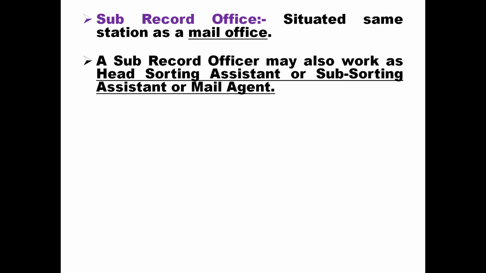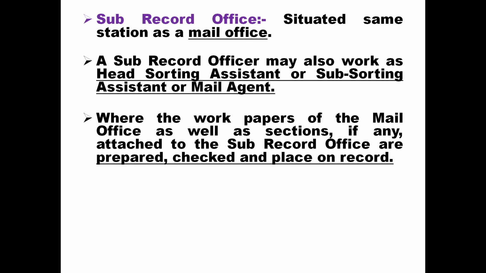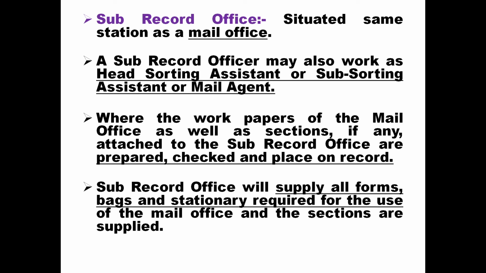A sub record office may also work as head sorting assistant or sub sorting assistant or mail agent, where the work papers of the mail office as well as sections, if any, attached to the sub record office are prepared, checked and placed on record. Sub record office will supply all forms, bags and stationery required for the use of the mail office and the sections.